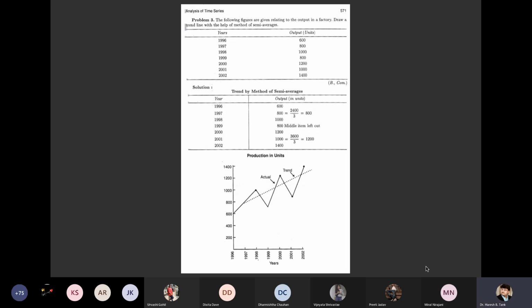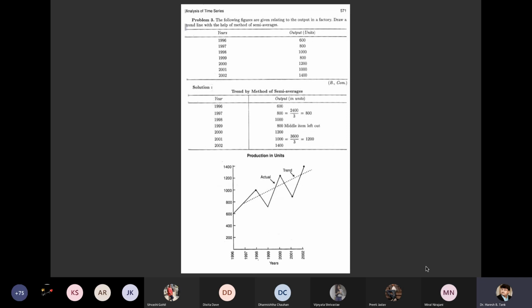Once you do this zigzag type of graph, name it as the actual trend. Now, you have to plot 2 points, the points which you found using the semi-average method. This 800 which you found, which is written against 1997, so 1997 and 800, this point is to be shown on the graph paper.